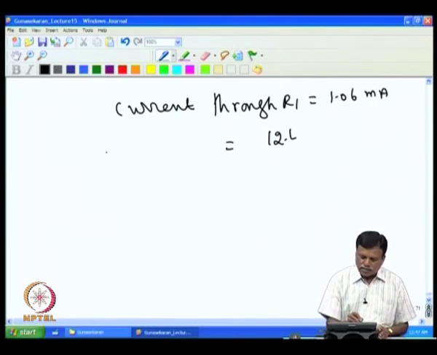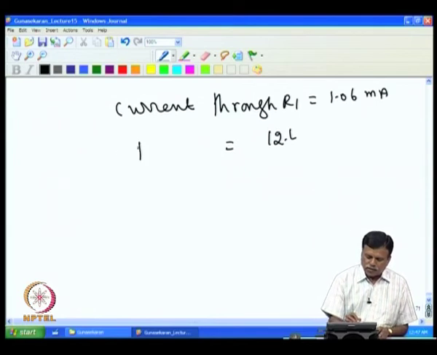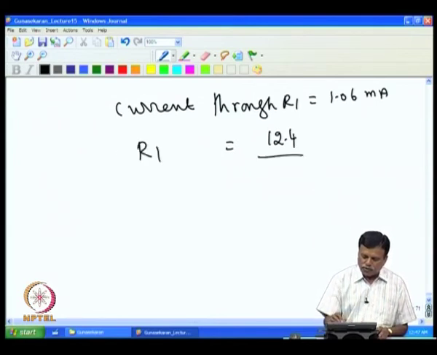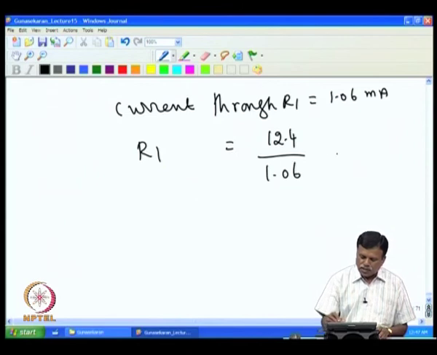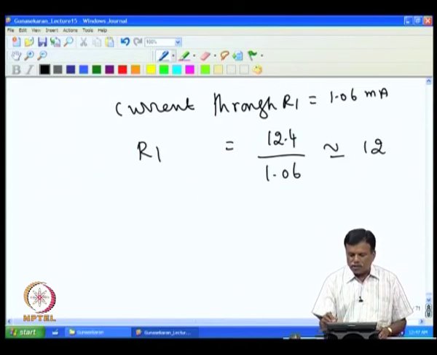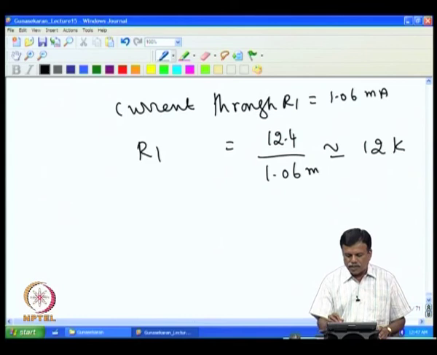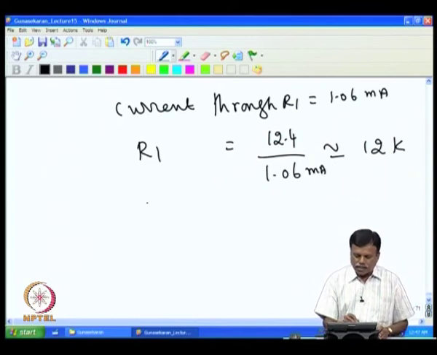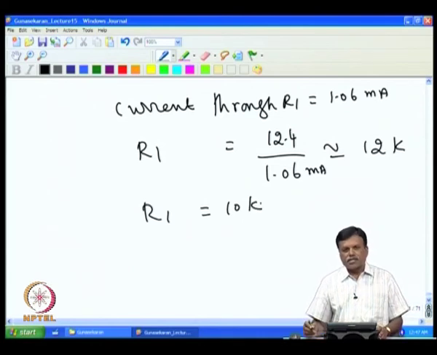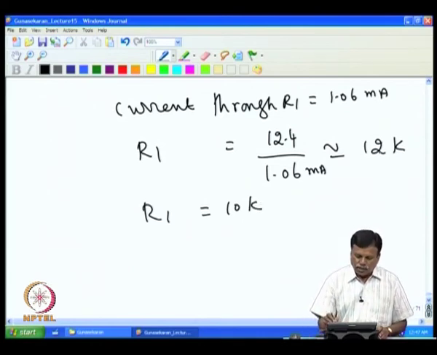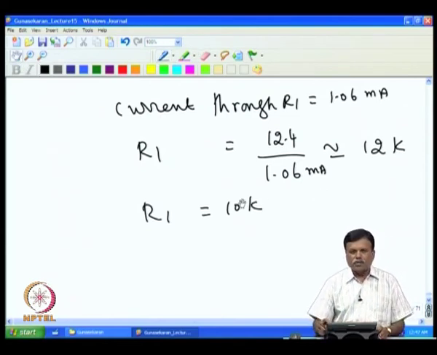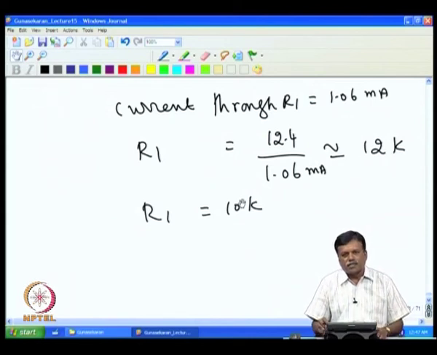So, we can write R1 is equal to 12.4 divided by 1.06, that I can roughly take as 12 K, this is milliamps. So, I can take R1 as 10 K, which is a standard value, because it should be a little lower than 12 K, then only even at high temperature you will be able to supply enough current. So, R1 is to be decided like this.